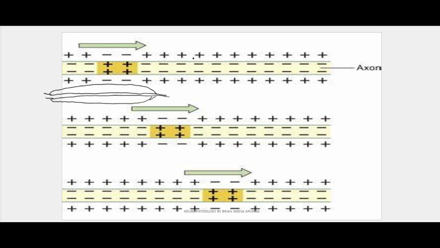This is because the transfer being much quicker depends on the area of the exposed part. So if you compare, let's redraw our unmyelinated. I will say that this is saltatory, while this one is simple propagation.